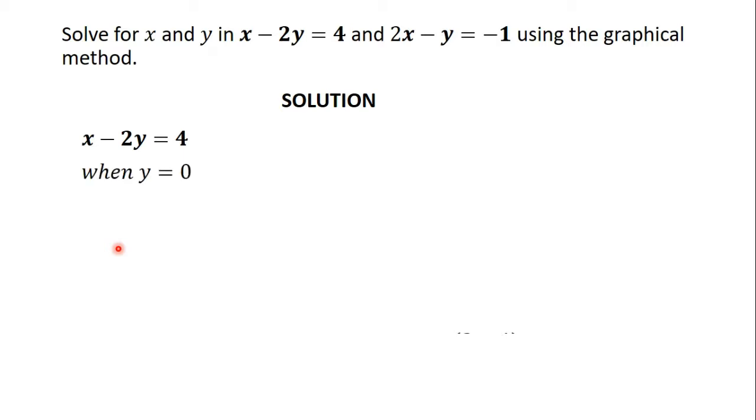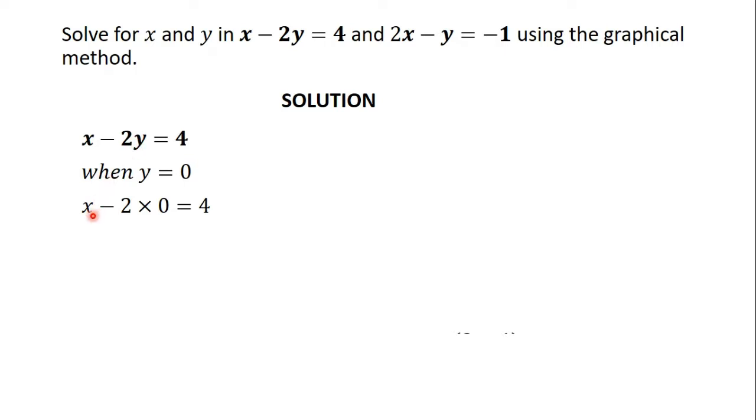Now, how are we going to do that? I'm going to assume that, let's say, y is equal to 0. So on this line, if y is equal to 0, then I find x. If I'm able to find x, I'll get 1 point that falls on the line. Then I'll do another assumption and find another point. So in the first instance, I'm going to assume that y is equal to 0. If y is equal to 0, what this means is that in this equation, I'll replace y with 0.